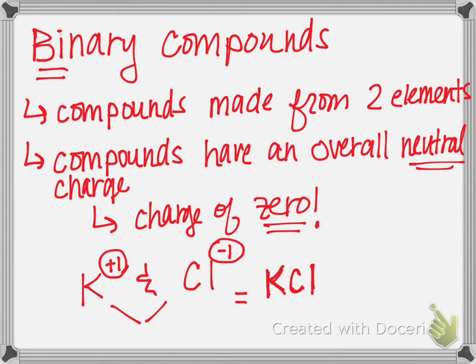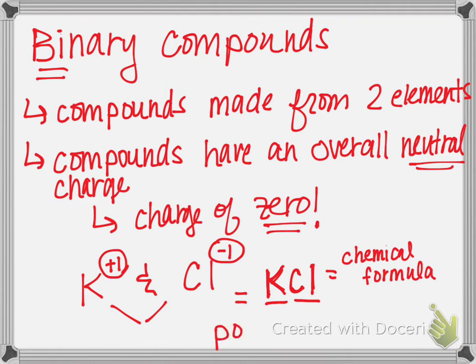But when we name that compound, right, this is called the chemical formula because it is the formula of that compound. But the name of the compound is easy to name. All we do is we name the cation and then the anion.